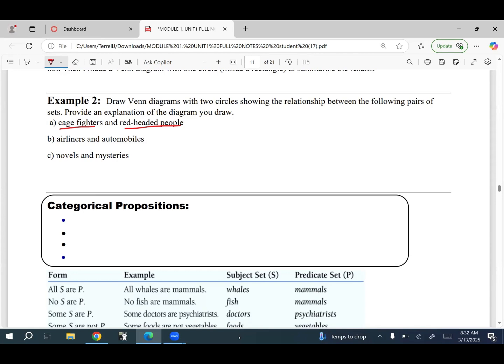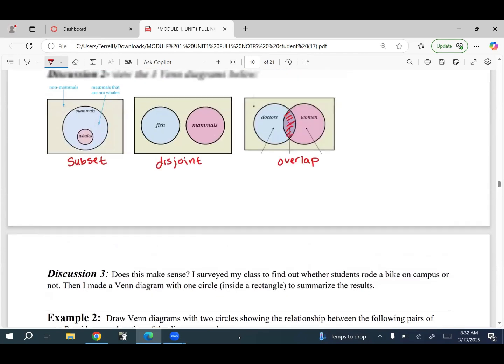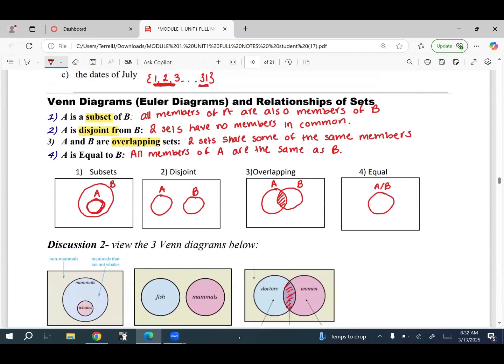What are the relationships that are possible between these 2 sets? And so that's what was discussed previously. There's 4 types. It can be a subset, disjoint, there's nothing in common, overlap, they share some members in common, or equal to.